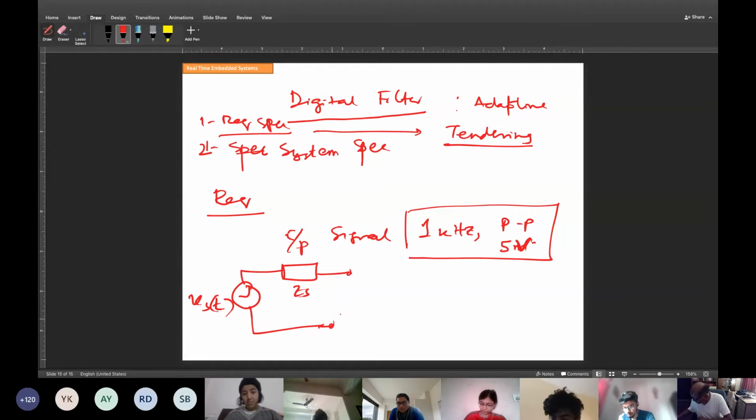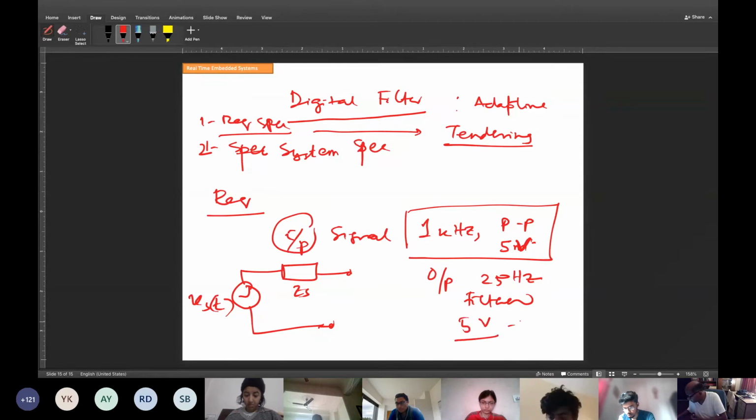Then what is the output required? The input is given. The output required is that all noise beyond 250 Hz should be filtered, and the output peak to peak voltage should also be 5 volts peak to peak, without the glitches. So this is the output specification.